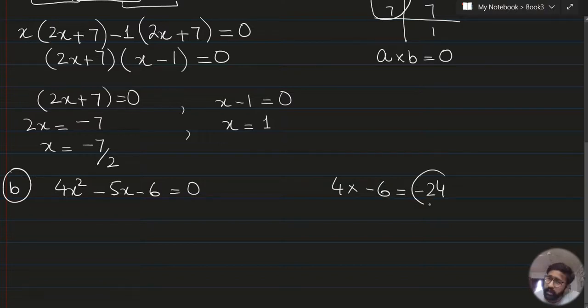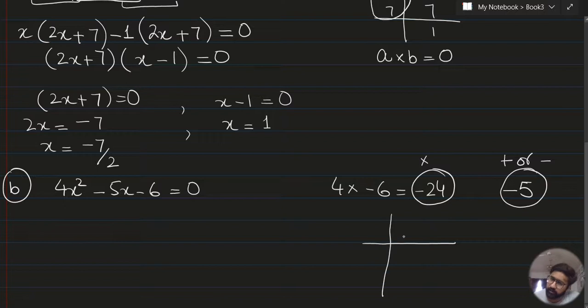So we need to find two factors that multiply to give 24, and the same two factors should be such that they add or subtract to give you a negative 5. Let's figure out if it's possible or not.